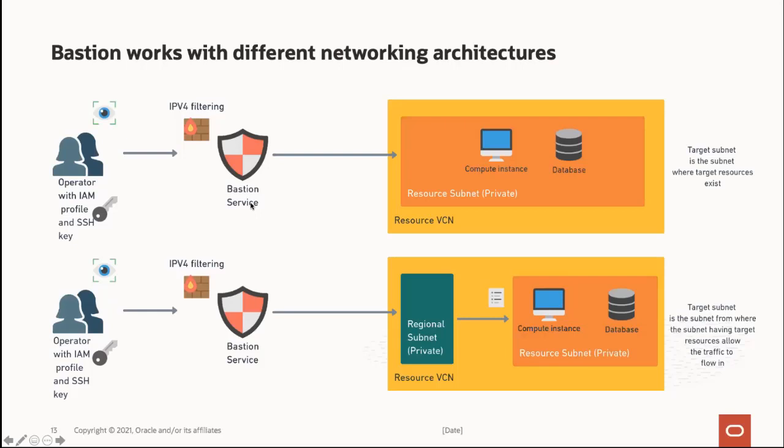That target subnet can either be the subnet where your resources exist, like in the first diagram, or you can point it to a dedicated subnet within the VCN from where the resource subnet allows the traffic to flow in. So depending upon your networking choices, the service is flexible enough to support either of them.